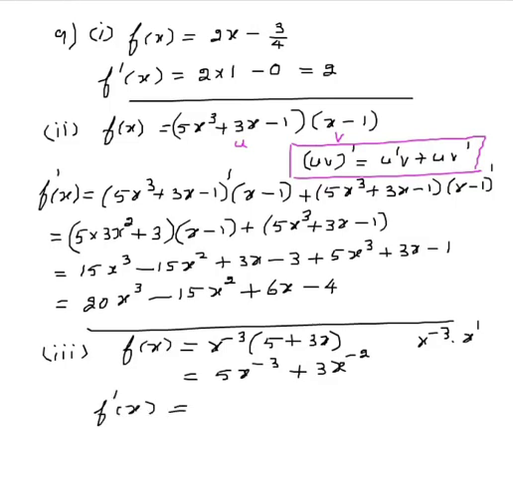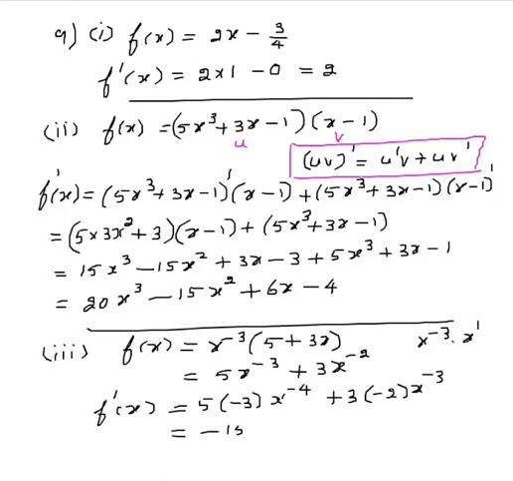f dashed of x is 5 into, let us differentiate x raised to minus 3 using the n into x power n minus 1 formula. We get minus 3 x raised to minus 3 minus 1, which is minus 4, plus 3 times minus 2 x raised to minus 2 minus 1, which is minus 3.